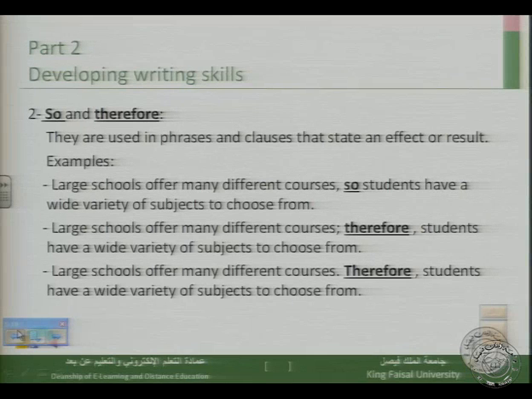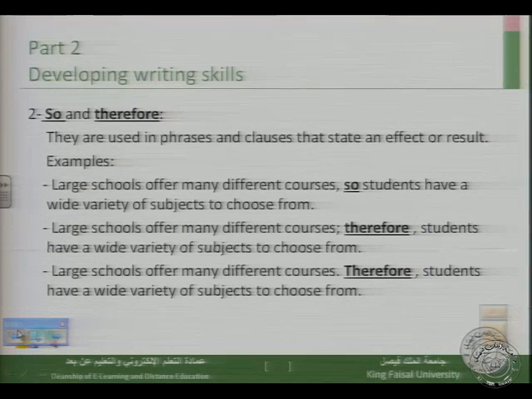So and therefore are used in phrases and clauses that state an effect or result. If we want to state an effect or a result, we use so and therefore. The examples are: large schools offer many different courses, comma, so students have a wide variety of subjects to choose from.